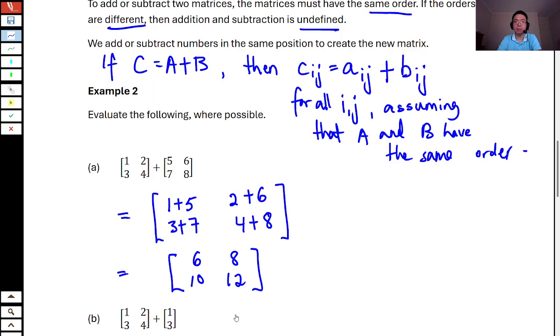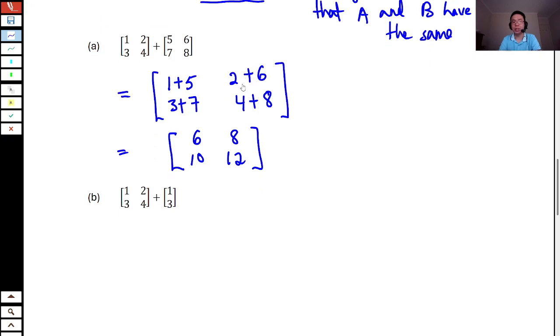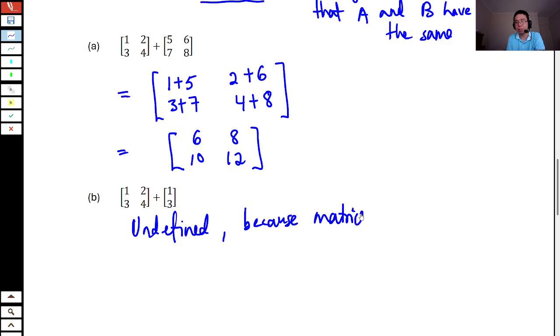For the second example, you'll notice this question says where possible. You should be seeing that we have a different case here. This is undefined. Why? Because the matrices don't have the same order.